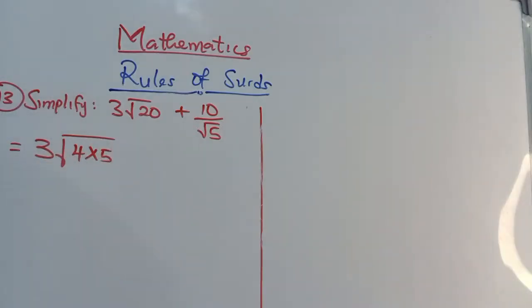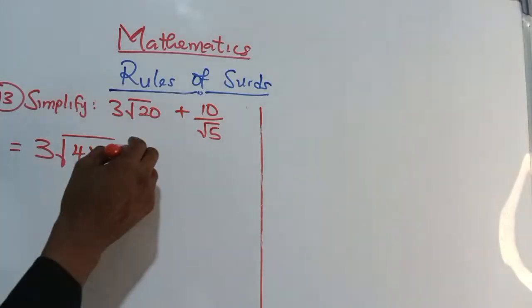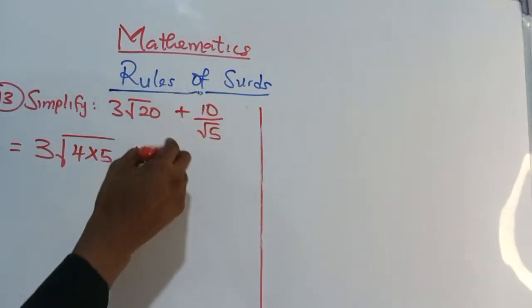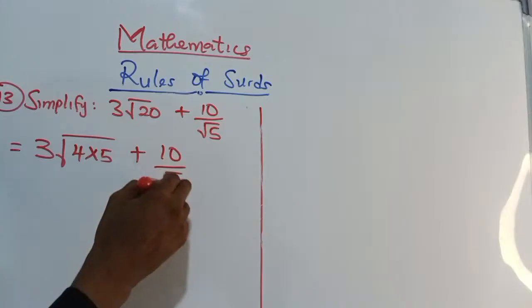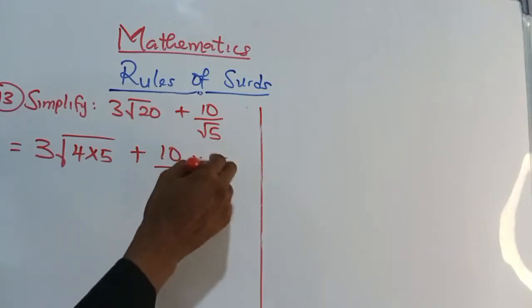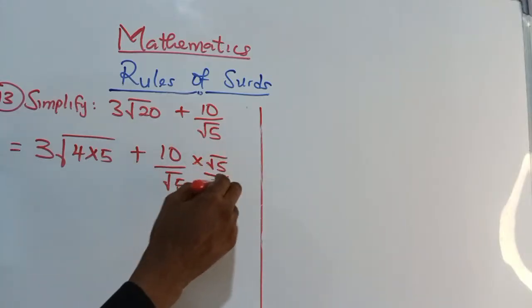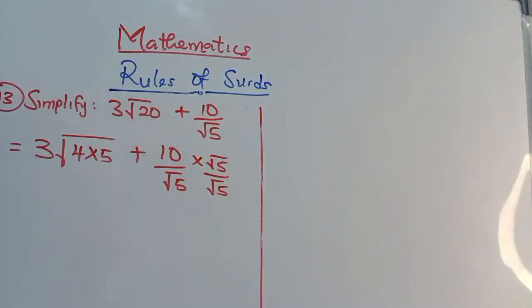As I've said, we take factors of 20 where one of the factors must be a perfect square number. Then plus, rationalize this. That is 10 over root 5, times root 5 over root 5. Rationalization.